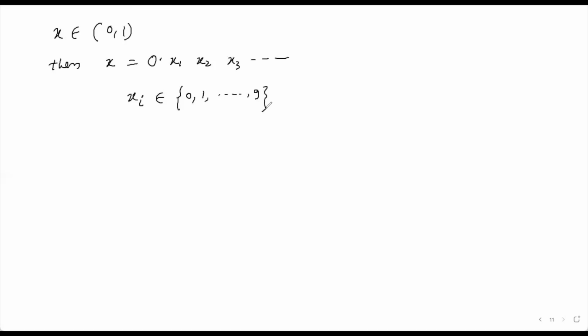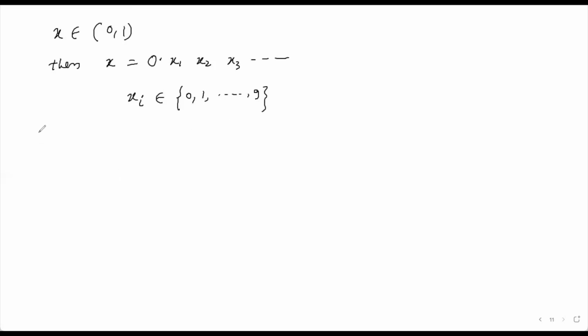So if x belongs to the open interval (0,1), then x can be written as 0.x1x2x3, and so on, where each xi is one of the decimal digits 0, 1, up to 9.